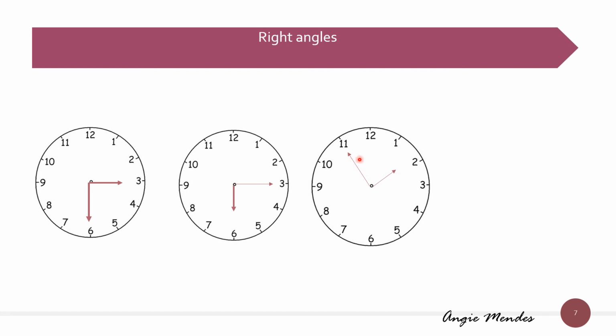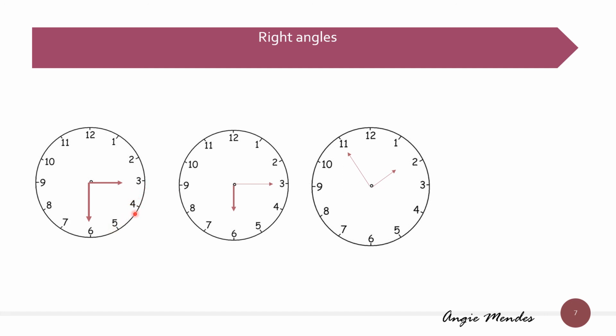Now, there's a rather simple way to remember when the hands of the clock make a right angle. Count the number of minutes between these two hands. So let's begin with the first one. Between 3 and 6, how many minutes are there? 5, 10, 15.